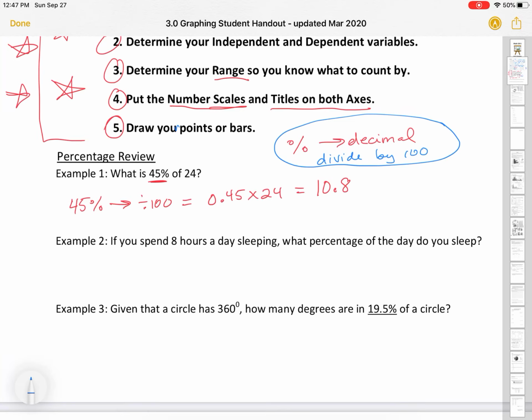Now, here it says if you spend 8 hours a day sleeping, what percentage of the day do you sleep? Well, 8 divided by 24 equals 0.3333, etc. We times that by 100%. And we get 33.3%, okay?